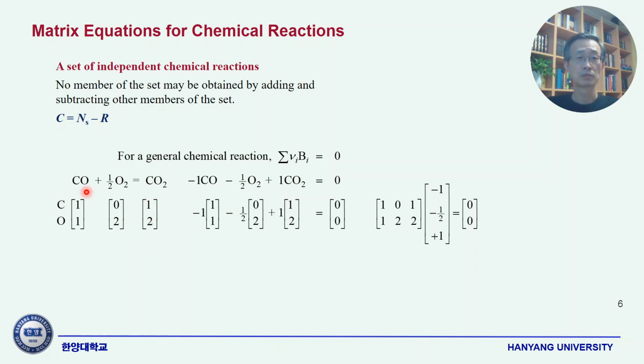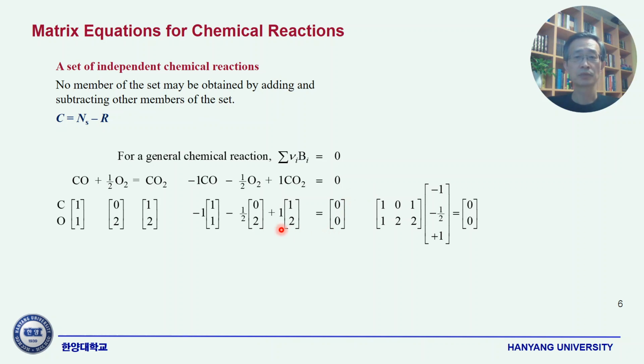That represents the chemical species. These column vectors are combined in this way with the stoichiometric coefficients, minus numbers for reactants and plus numbers for the product, and that is identically equal to 0, a null vector. In this way, this is how we can write the stoichiometric equation.